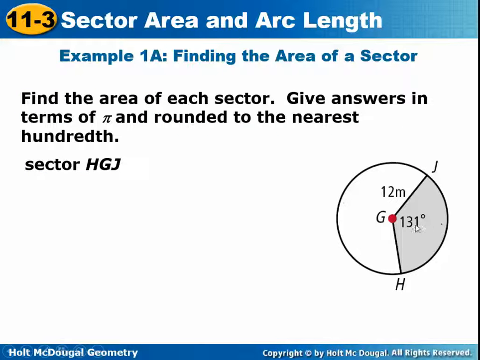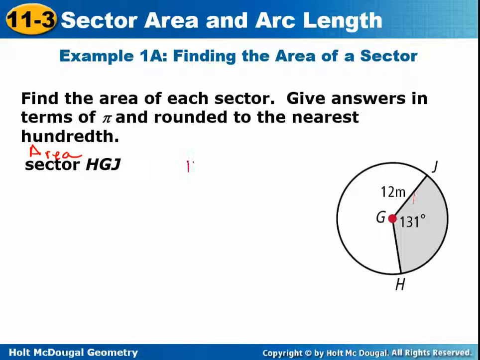Okay, so we want to find sector HGJ. When they write sector, they are implying that we will be finding the area of the sector. It's understood to mean that this is the area we're looking for. So here's this shaded bluish gray area.